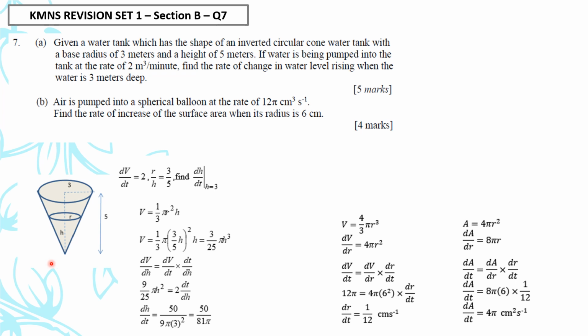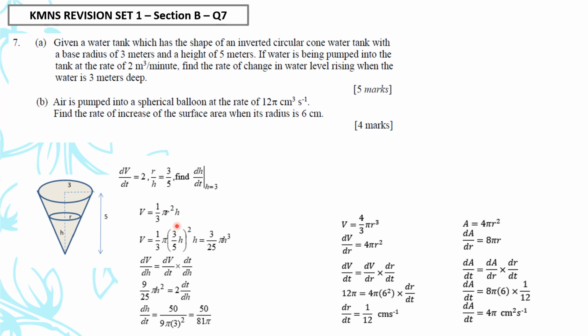So we start off with the formula for volume, but we cannot differentiate V here because it involves two variables, R and H. And as I said, R and H for a cone is not a constant, unlike a cylinder.